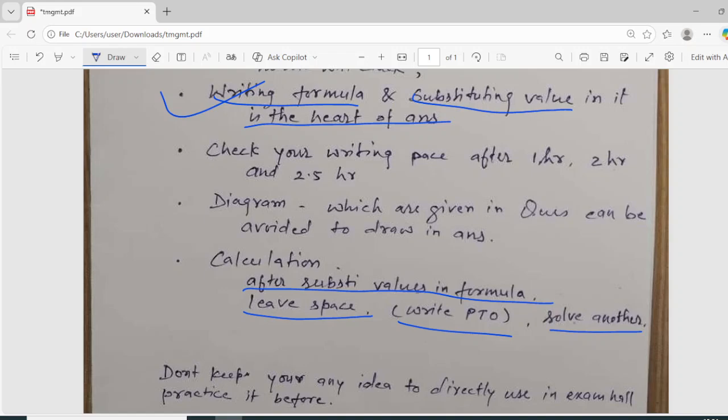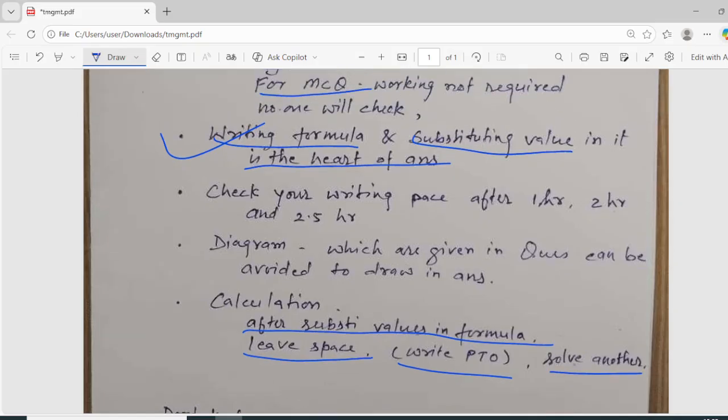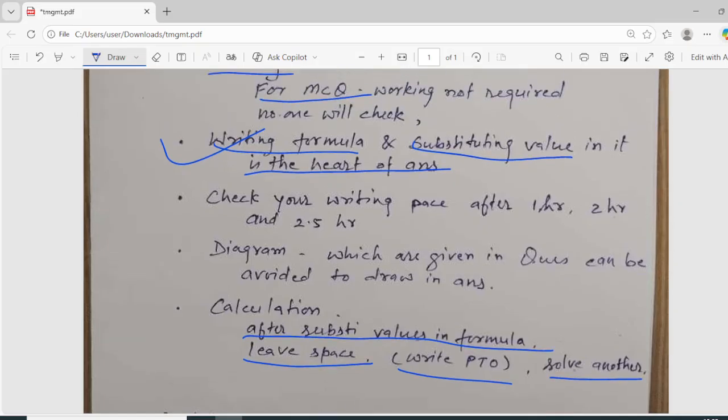Writing PTO is important. If you are leaving space, it should not be considered at any cost that that's the end of your answer. So that way we can attempt all the questions.